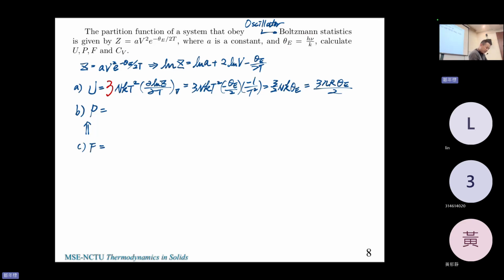So be careful about the order of the properties. Now, another important thing is that this is minus 3NkT natural log Z. This is so important.